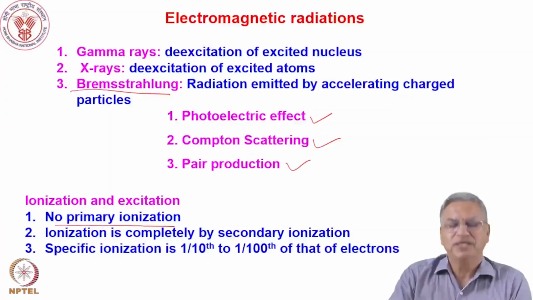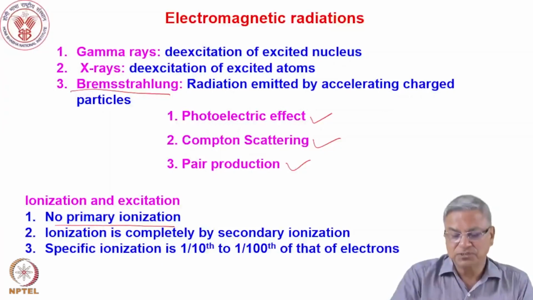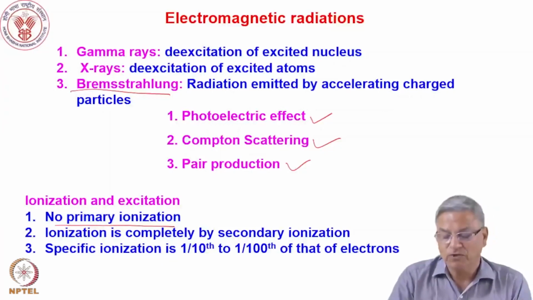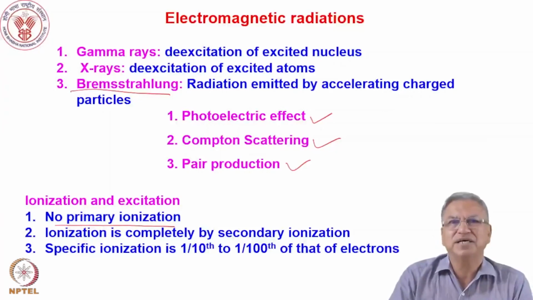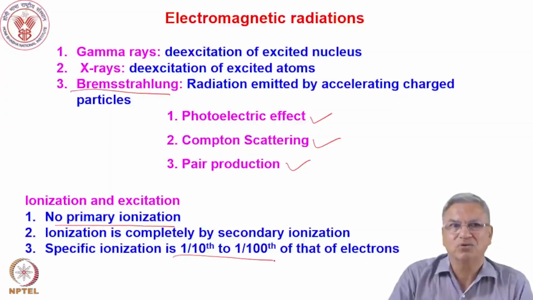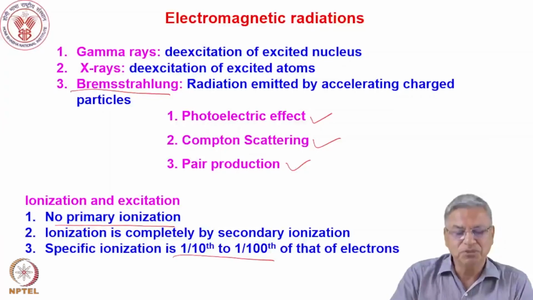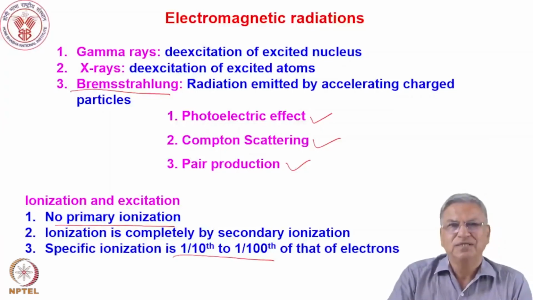Another important point is that since the gamma rays are photons, their specific ionization is very small compared to that of electrons. So their ranges, as I discussed, are very high. About 1/10 to 1/100th of the electrons, they will cause very less specific ionization. Specific ionization means the number of ion pairs produced per unit thickness in the medium.